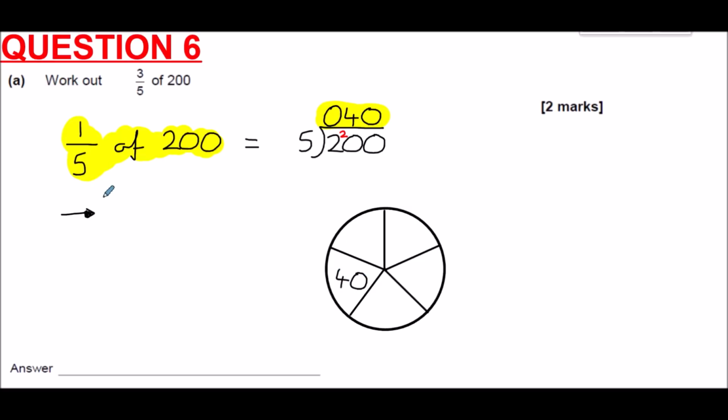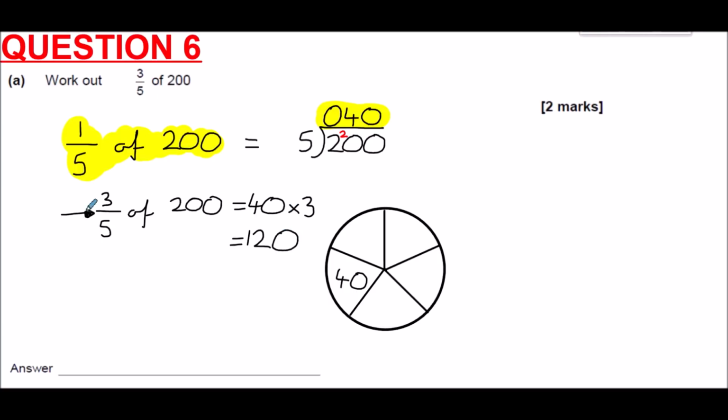But we want 3/5. So once you've worked out what 1/5 is, 3/5 will be the 1/5 we've worked out, which is 40, multiplied by 3. 4 times 3 is 12. Add on the 0, gives us 120.